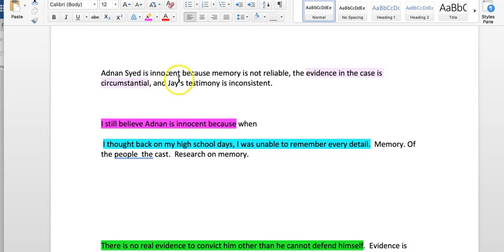That's a strategy you can use. And you can talk about Jay's testimony being inconsistent. This especially works if, say, you did the compare and contrast essay, where you looked at Jay's testimony. I didn't make you do that just for fun, let me tell you. If you did the Jay testimony compare and contrast essay, this part is going to be really easy to write because you practically already wrote it, right?